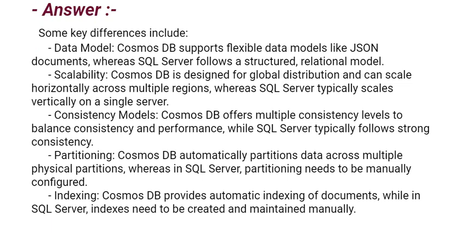Cosmos DB automatically partitions data across multiple physical partitions, whereas in SQL Server, partitioning needs to be manually configured. And the next one is indexing. Cosmos DB provides automatic indexing of documents, while in SQL Server, indexes need to be created and maintained manually.